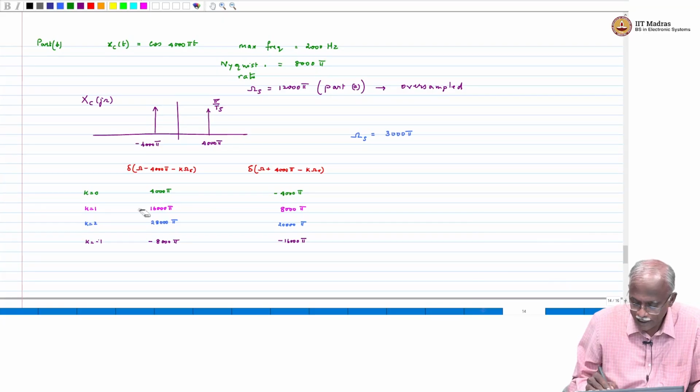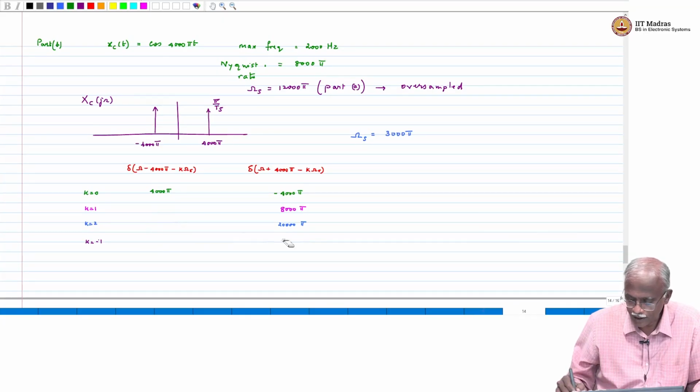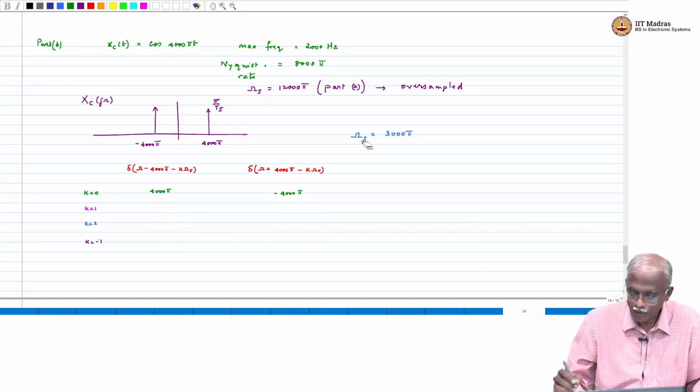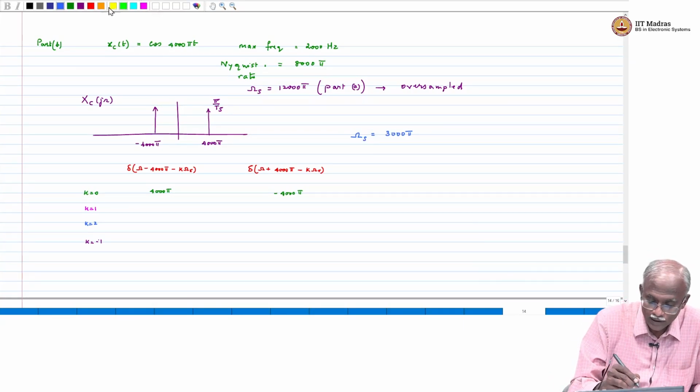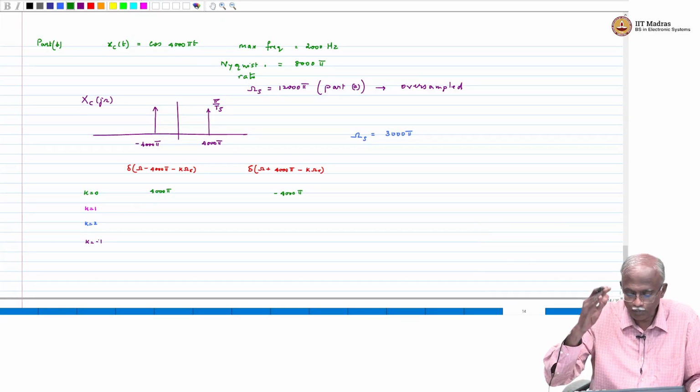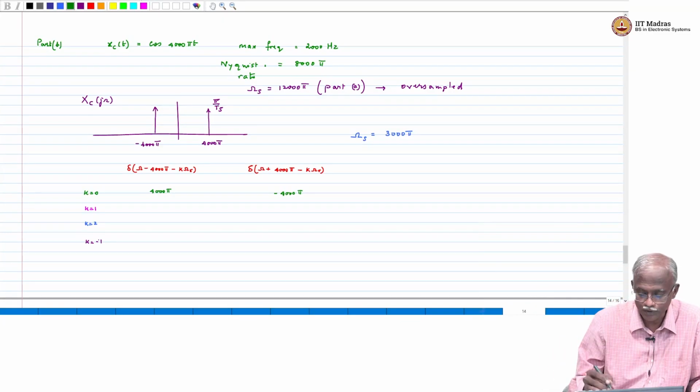For k equal to 0, no problem, it will occur at the same location. Now k equal to 1, the first copy of the signal, where is that going to come? It's going to be the center frequency plus the frequency of the sinusoid.